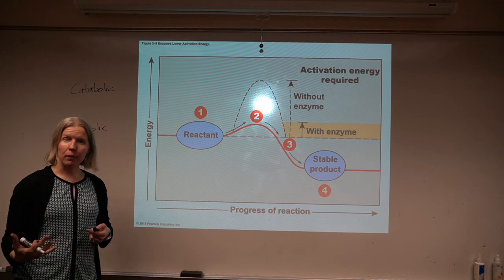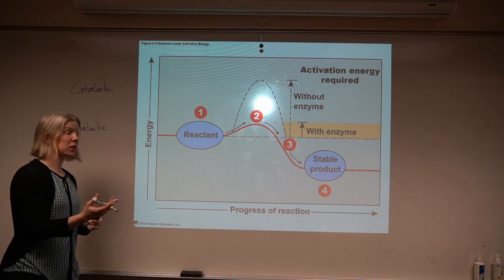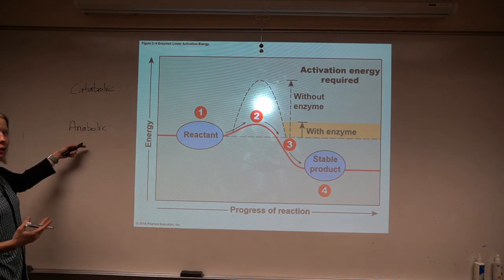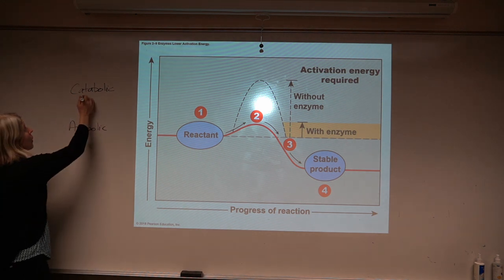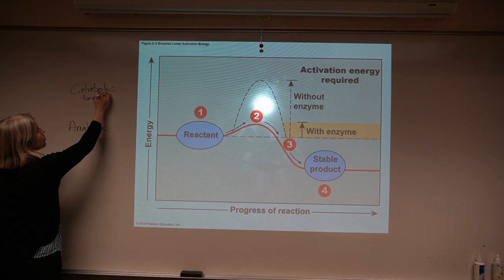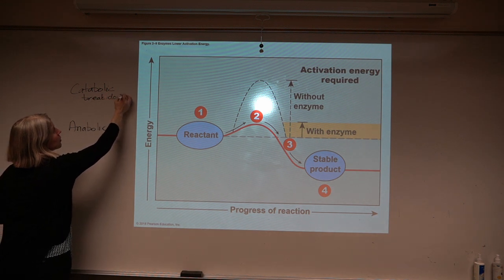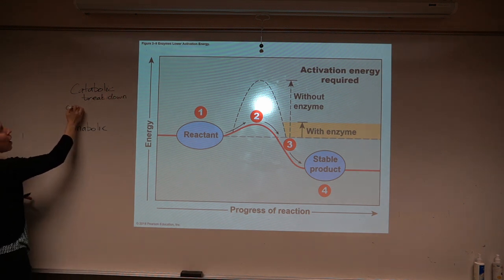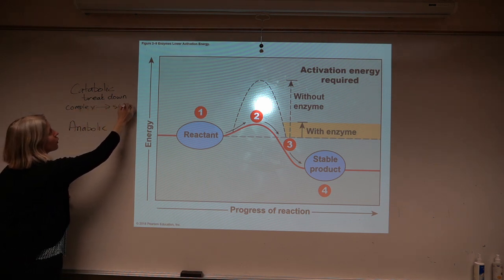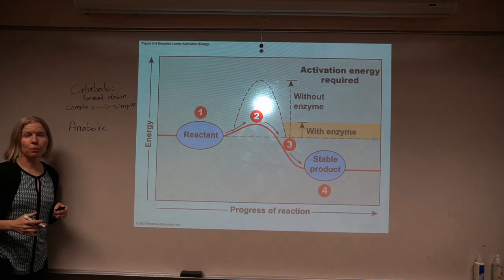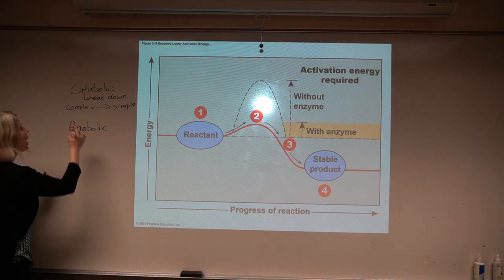Metabolism is all the chemical reactions in your body, and we typically split that into 2 different types of reactions. Do we remember this maybe from chapter 1? Catabolic reactions are breaking things down, as in you're going from a complex molecule to a simpler molecule.